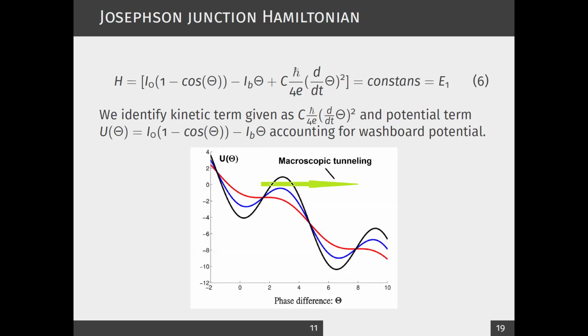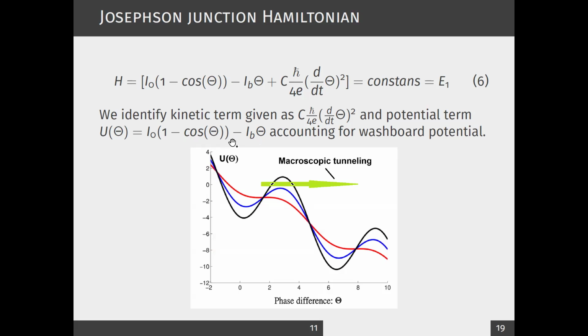So this is called the washboard potential. You see there is a slope, because if IB is set to 0, then this will be a periodic function. But there is a slope. The slope is controlled by IB. And there's 1 minus cosine theta.